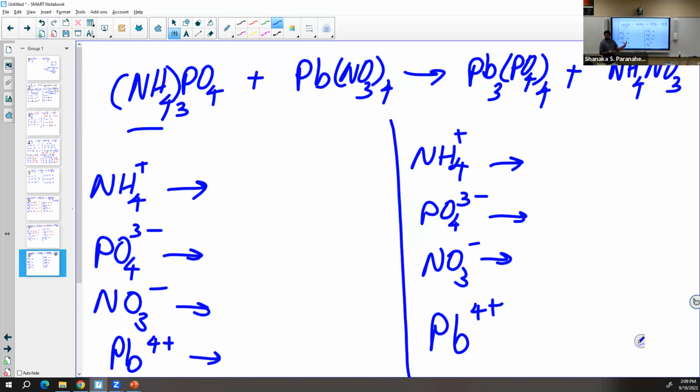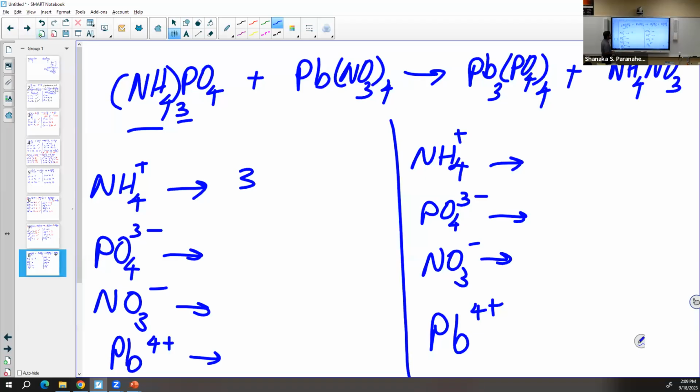So it's going to be a mess when you split those into individual atoms. But if we can recognize these groups, it's really easy. Okay. So simply we are going to count number of units and number of ions. So ammonium, how many ammonium ions in the reactant side? 3. So this number is the number of ammonium groups.